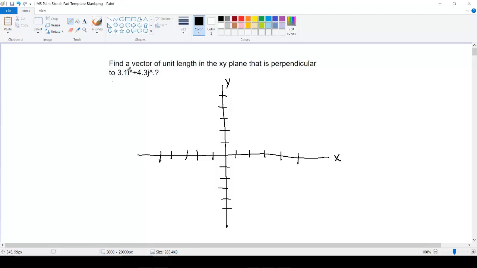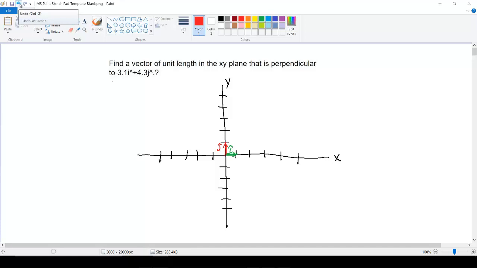So our vector to begin with, let's remember that this vector i hat is by definition 1 unit long and it points in the positive x direction. The vector j hat also by definition is 1 unit long and it points in the y direction. Okay?